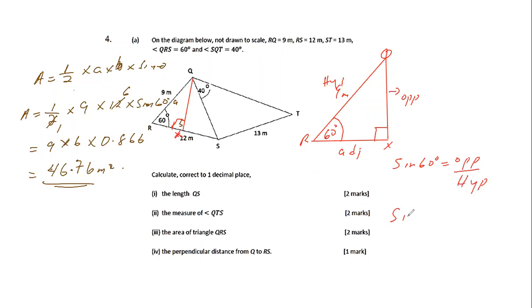So sine 60 degrees equals QX over 9. Then we find what sine 60 degrees is.